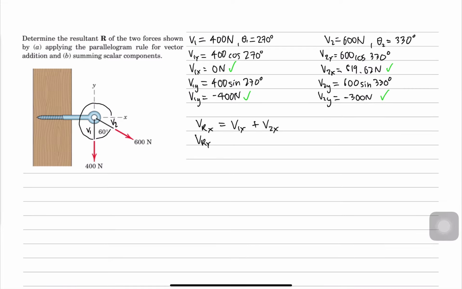So Rx is equal to 0 newtons plus 519.62 newtons, which equals 519.62 newtons, or we're just going to approximate it to 520 newtons. But since this is an x component, we rename it as 520 i hat, because i hat is the x component of the vector. So this would be our first answer.